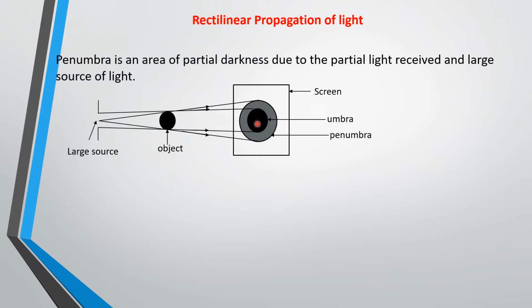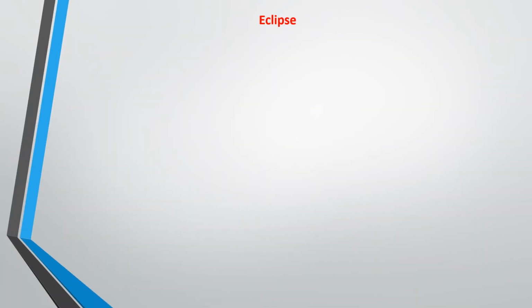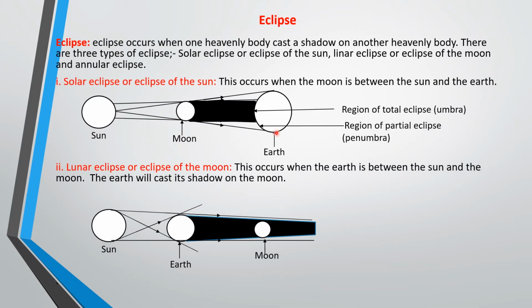So as I said, rectilinear propagation of light also leads to the formation of eclipse. It leads to the phenomenon that is called eclipse. So what is eclipse? Eclipse occurs when one heavenly body, like the sun or the moon, casts a shadow on another heavenly body. That is when you have an eclipse. So there are three types of eclipse.